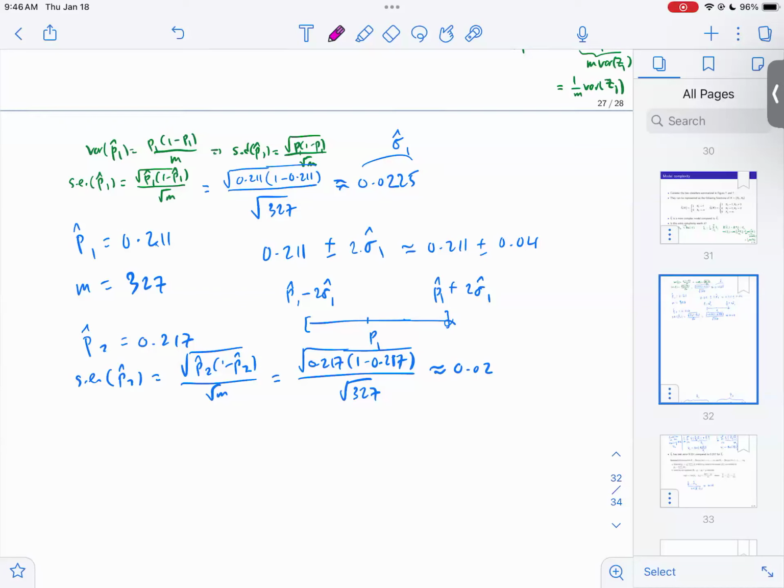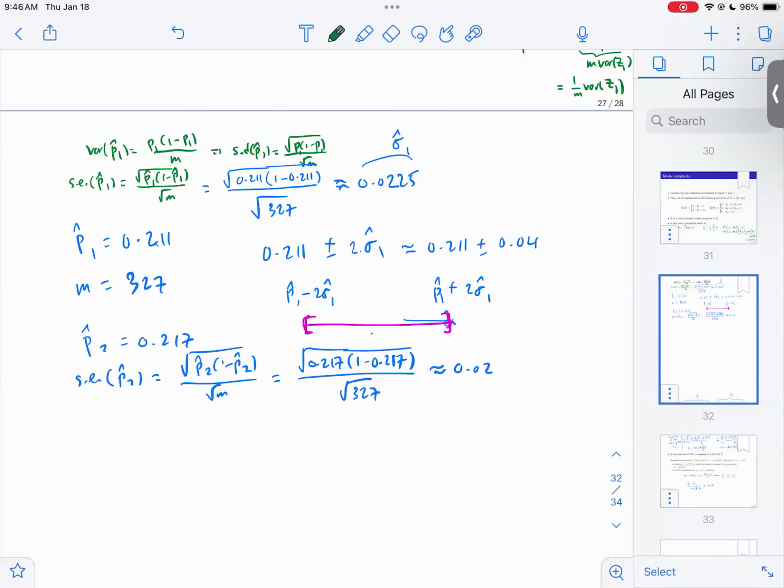Imagine this, the P2 is similar, but again, this plus minus that. So these two intervals overlap a lot. There's really not an easy way of saying P1 is much different than P2. We don't really know where P1 is, but we know P1 is in this interval. The other one is slightly above this.